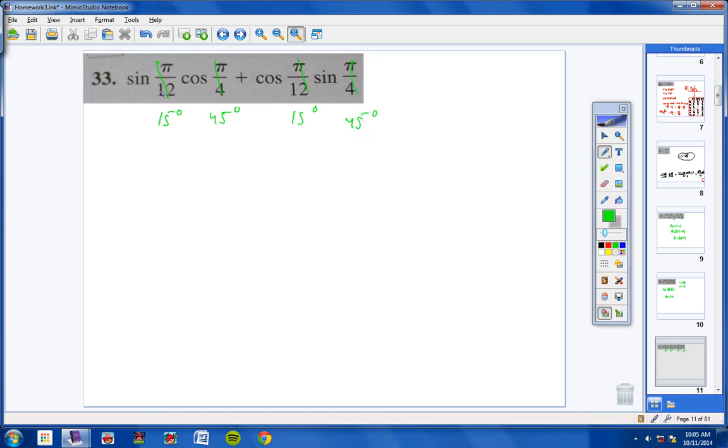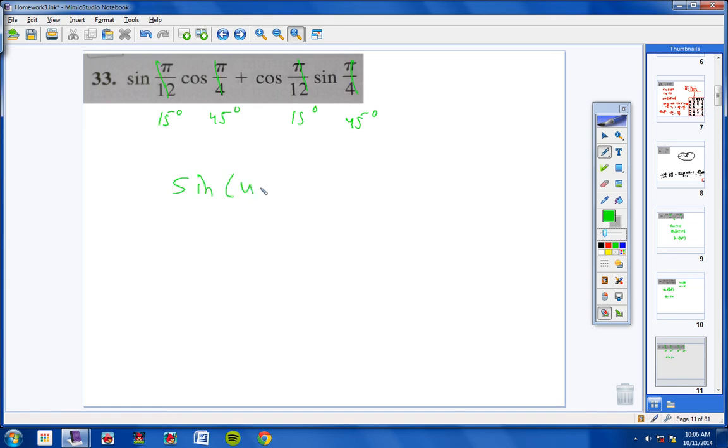Now, having done that, notice we have sine, cosine, plus cosine, sine. If you look in your trig identities, whenever you have sine, cosine, plus cosine, sine, that's going to be sine of u plus v.